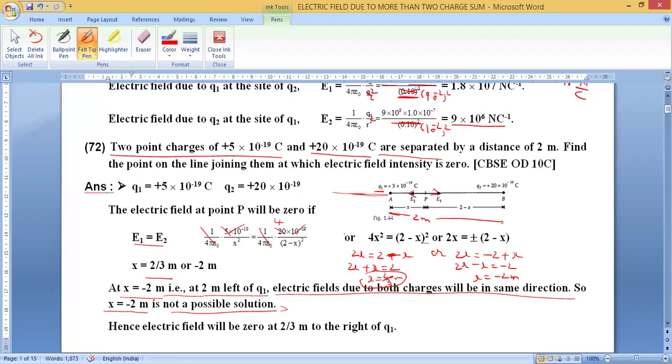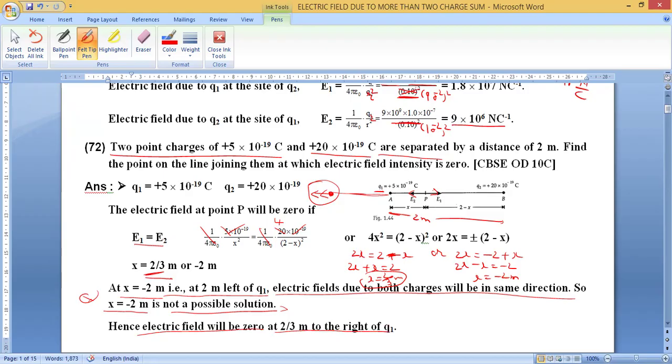Okay, so outward direction, so if we take minus 2 meter here, then due to plus Q1 the electric field will be in this direction and due to plus 20 also in this direction, so this is not possible. Okay, so only we take 2/3 meter. So hence electric field will be 0 at 2/3 meter to the right of Q1.